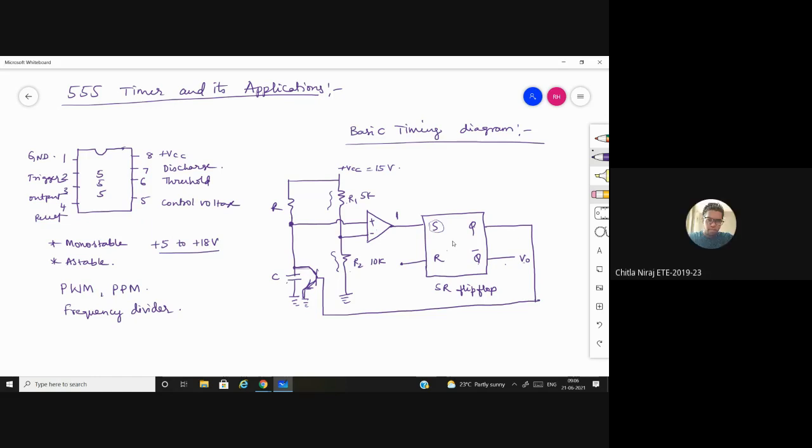Sir, because this circuit is analogous to the voltage divider circuit, sir. Even there, the voltage at the point is equal to the voltage across the second resistor. Similarly here. Correct. Good.